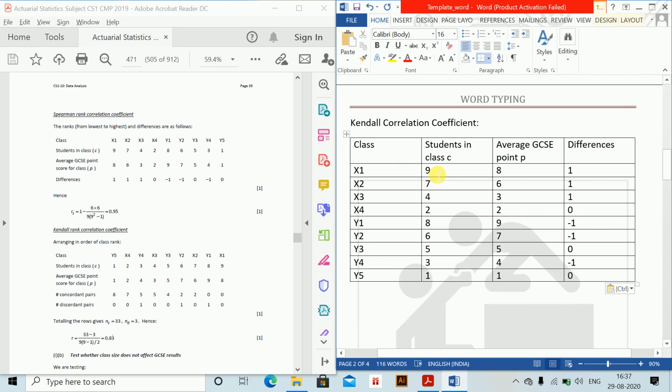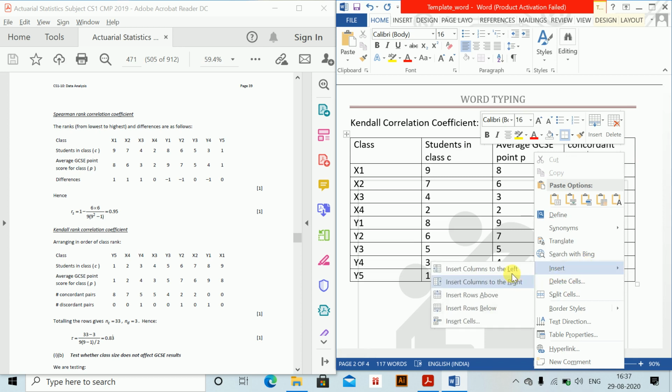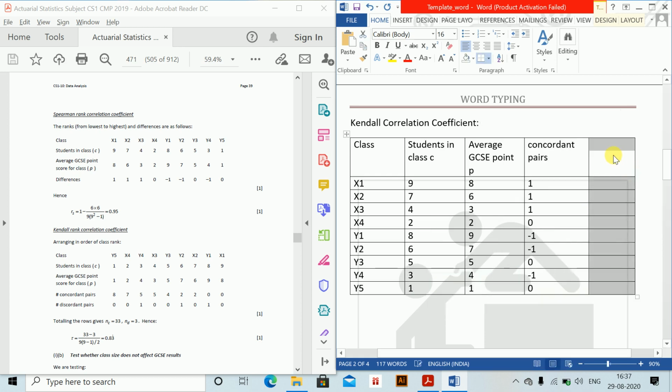They have written it in some other way, x1, x2, x3, and concordant pairs and so on. You need one more column, so we'll right click, insert columns to the right. You need one column which is discordant pairs.